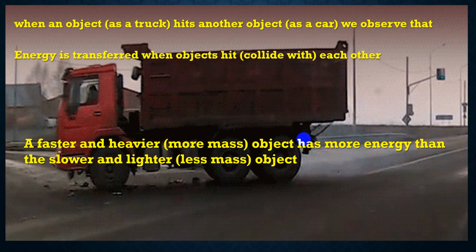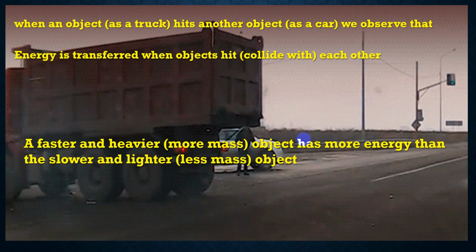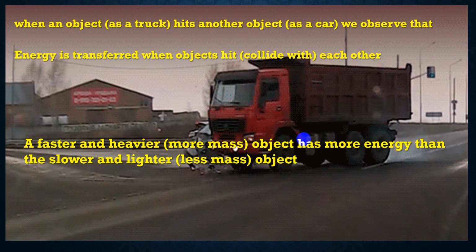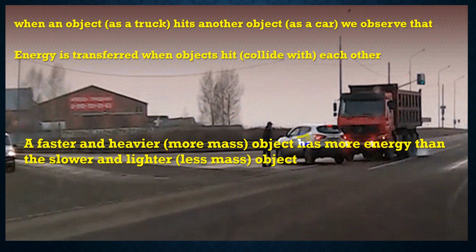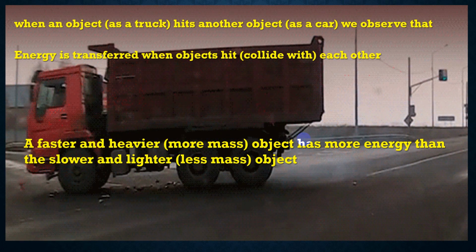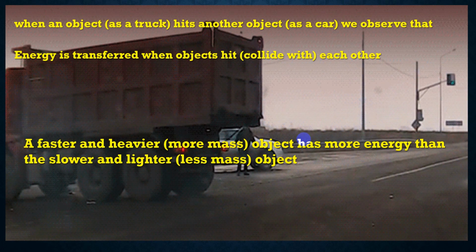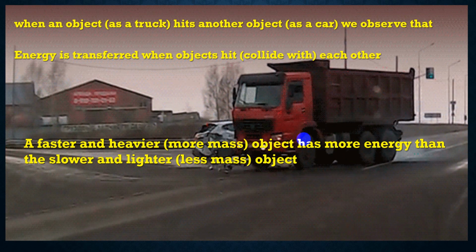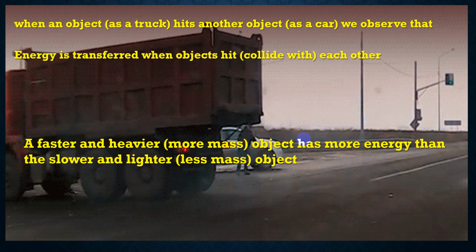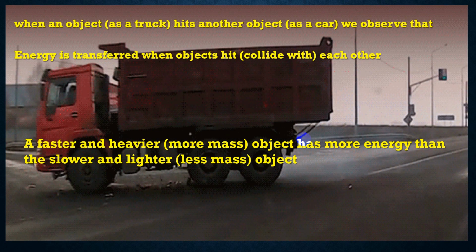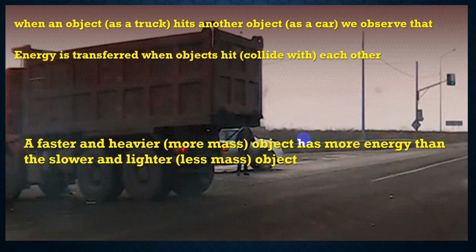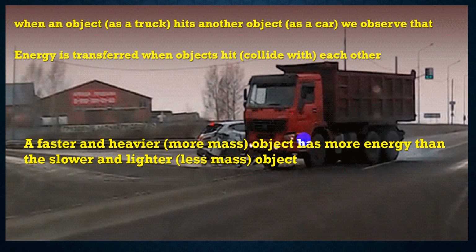So the faster and heavier object, and heavier means it has more mass, like we said before, like the truck, has more energy than the slower and lighter one. Again, the faster and heavier one, which is the truck, always has more energy than the slower and lighter one.